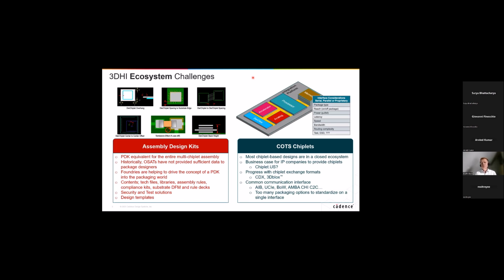But there are also standardizations going on about the die-to-die communications and interface IPs like UCIe, bunch of wires, and so on, to make sure that if you buy a chiplet from vendor A and another one from vendor B, the interface is compliant and working at the end. The other challenge is that there are so many different packaging options, it's hard to standardize on a single interface or interface protocol.